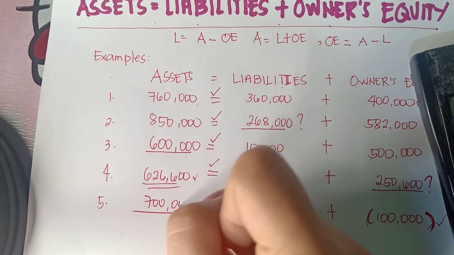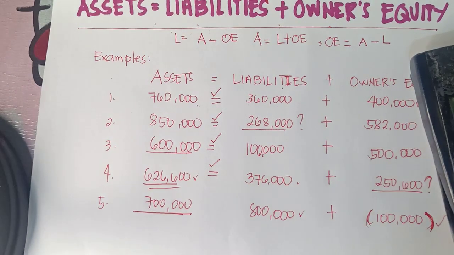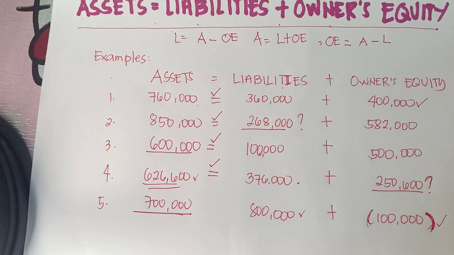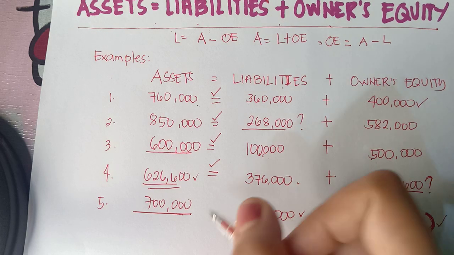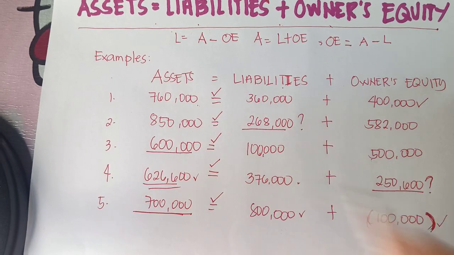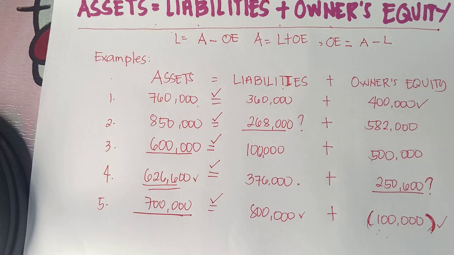That is why our asset is equal to 700,000. Let's check if it is balanced. 800,000 plus negative 100,000 is equal to 700,000. So, the asset is balanced with the liabilities plus owner's equity.